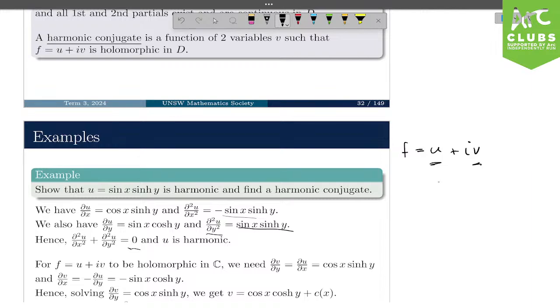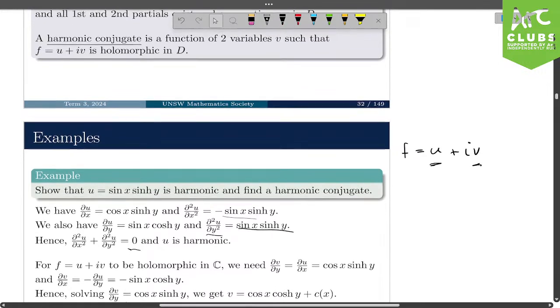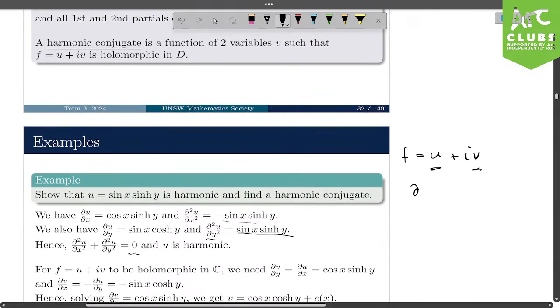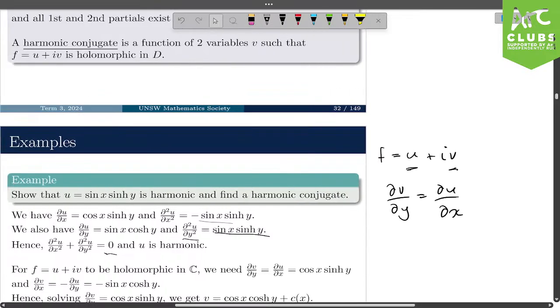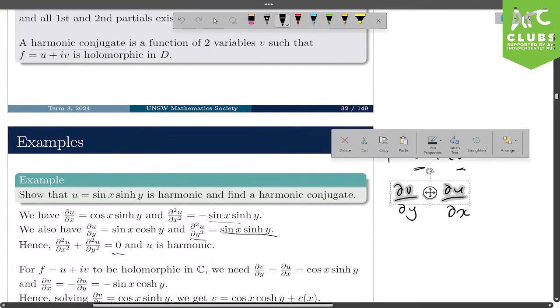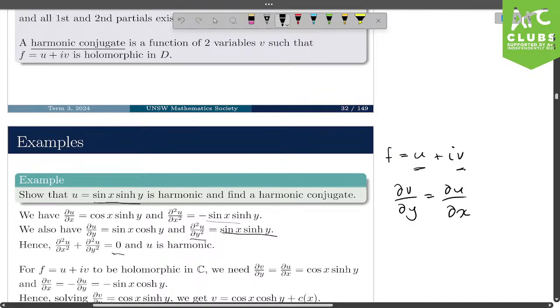They're related through the Cauchy-Riemann equations because we know that f is holomorphic. So we know that delta v over delta y is equal to delta u over delta x, and delta u over delta x is just the derivative of the expression we're given with respect to x, which is cosine x sine y.